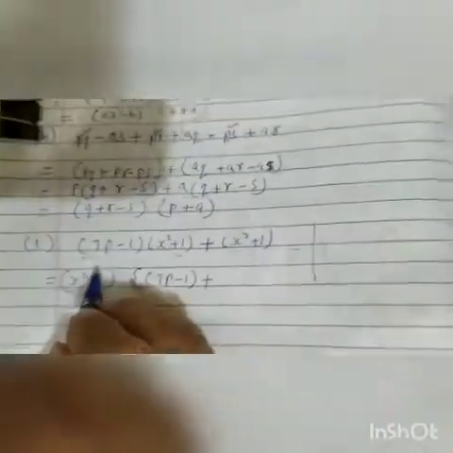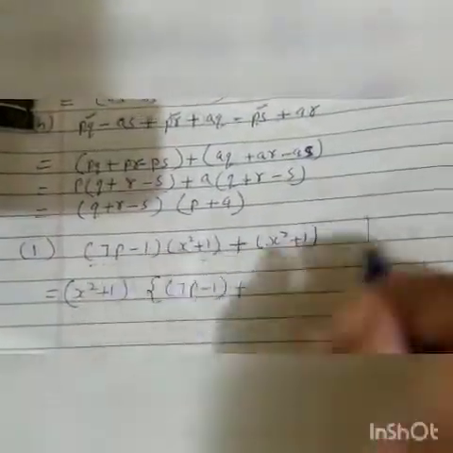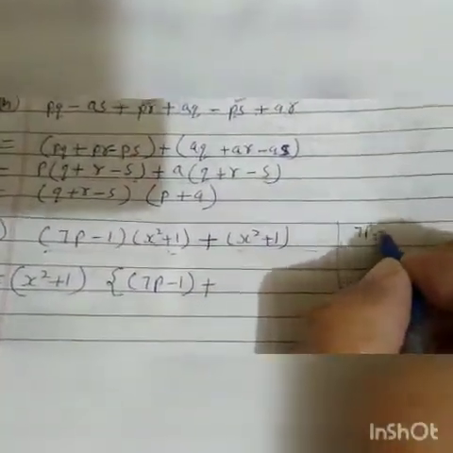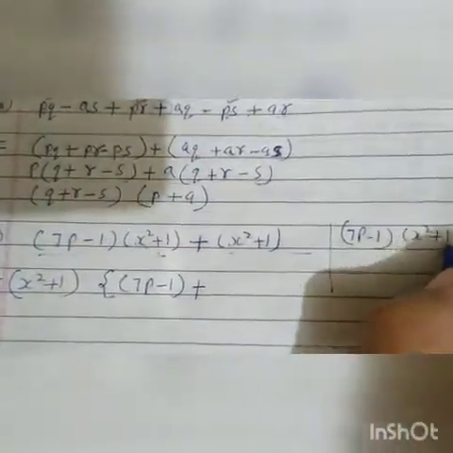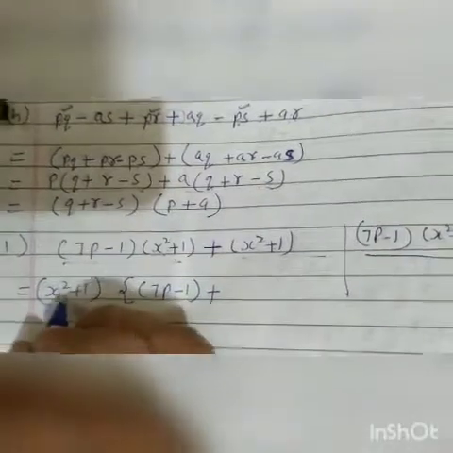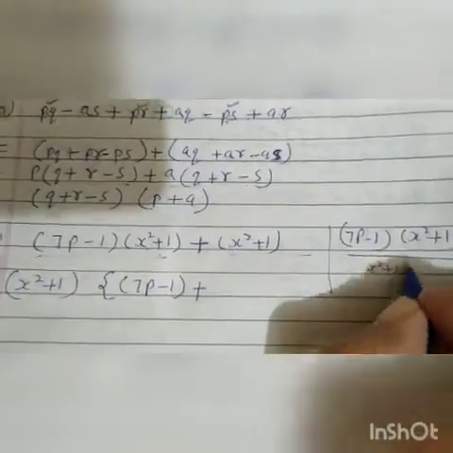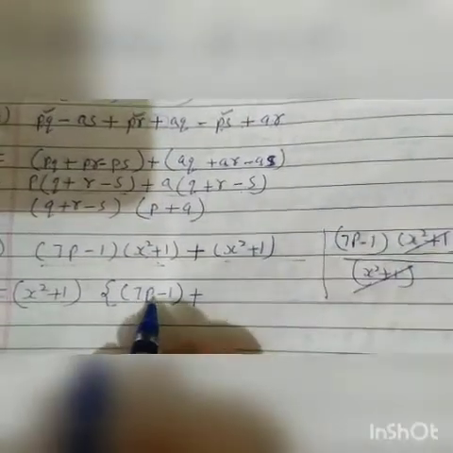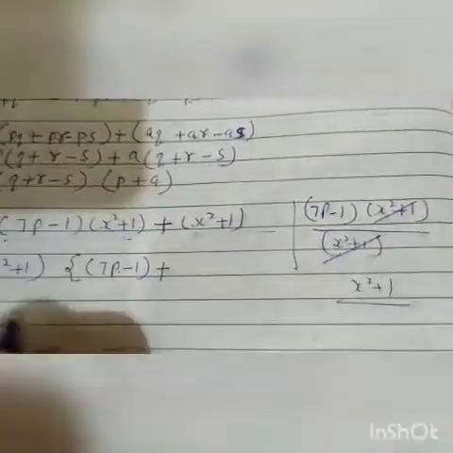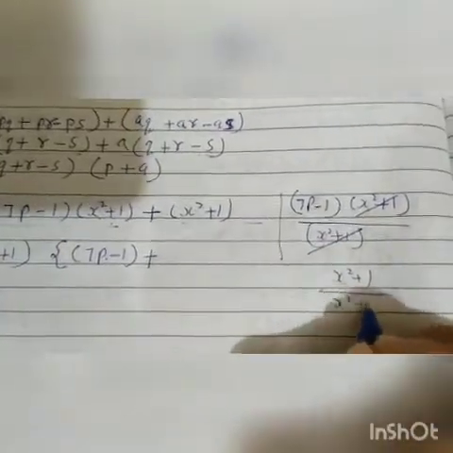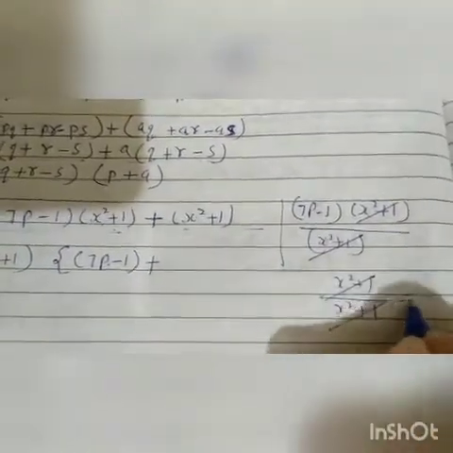Now this x² + 1, see how we will do it, I explained earlier. (x² + 1) upon (x² + 1), because it is common, these are cancelled, and means 1.